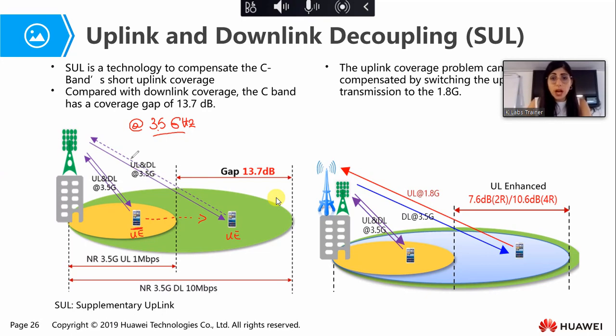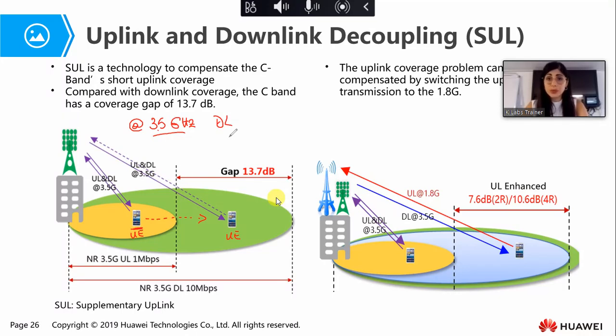So to overcome this problem, we can use the uplink and downlink decoupling. What does it mean? This means that as our terminal is far from the base station, it can receive the signal at 3.5 gigahertz, so we are still using 3.5 gigahertz for downlink, but for the uplink, our terminal will decrease the frequency.